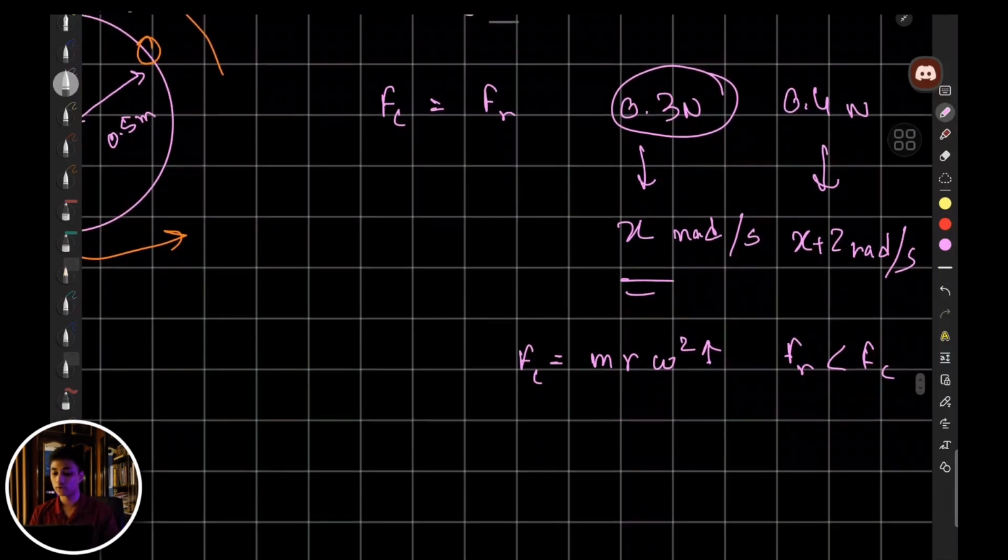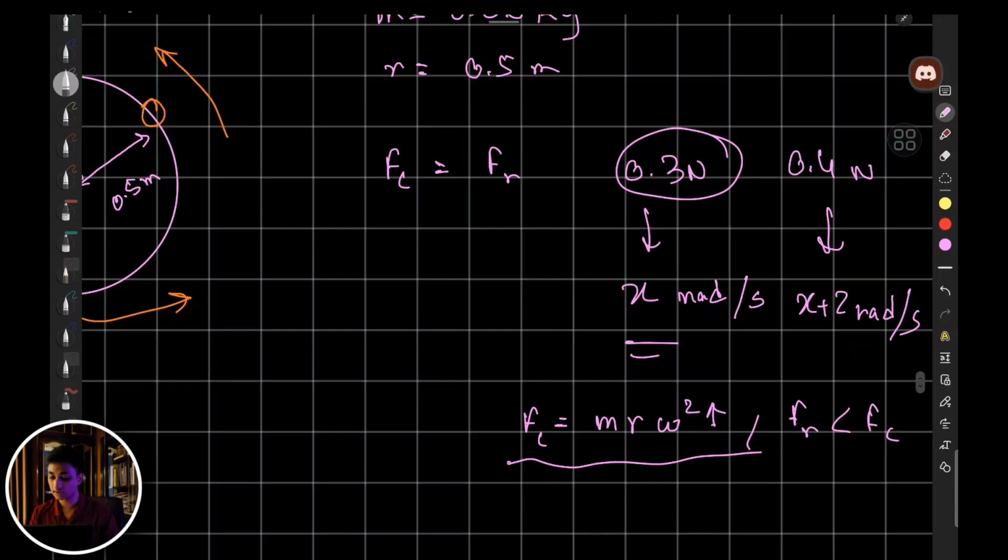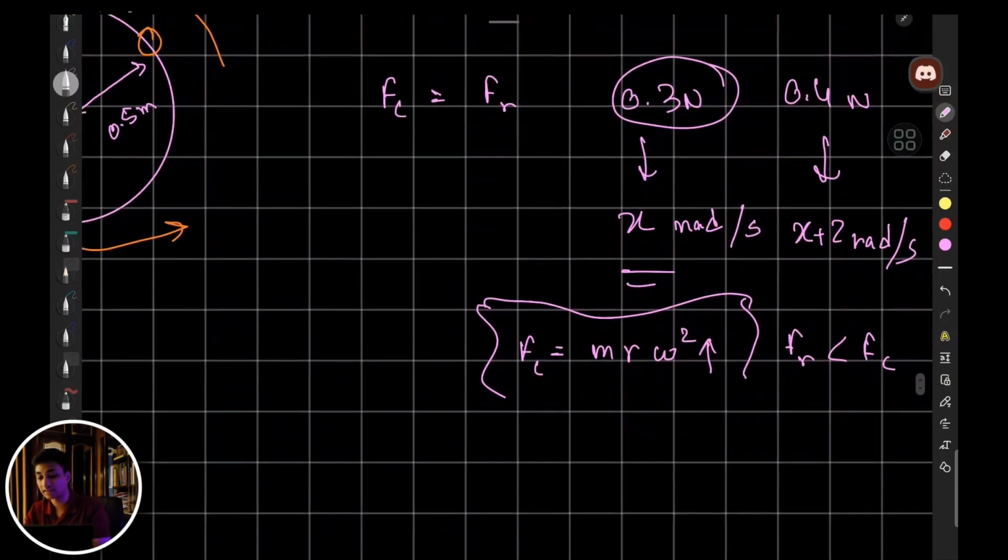So, to match the greater angular speed, you need a greater friction force. If you increase the angular speed to x plus 2 rad per second, it would no longer be able to tolerate that speed, which is why it would slide off.